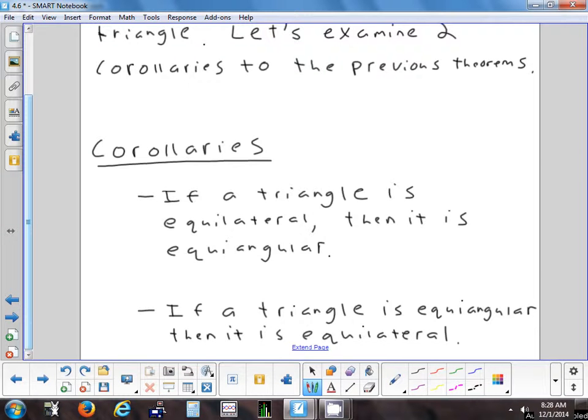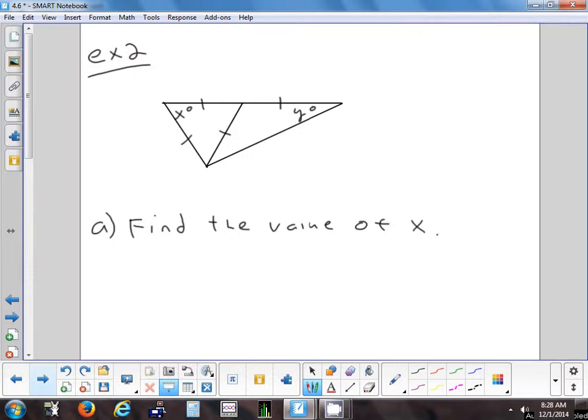Any questions on those? All right. So let's try a couple problems here. Find the value. We'll do x, and then we'll also do y. Anybody think they know the value of x?